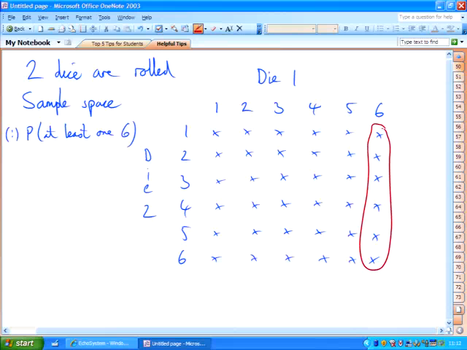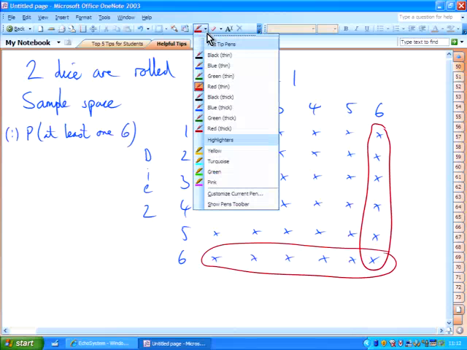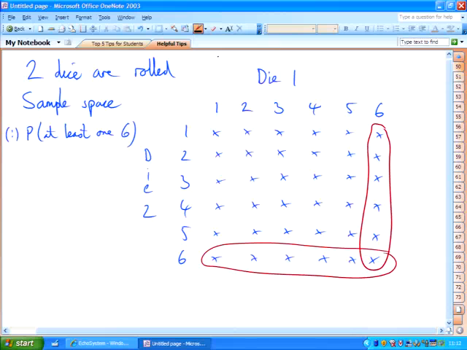When do I get a 6 on die 2? Well, it's all of these outcomes here. And clearly we can see that there is the intersection here where I get a 6 on both occasions. But remember, the event I'm looking for is at least one 6, so that means 1 or 2 sixes. So we can just count how many outcomes there are in this particular event, and we can see that there are a total of 11.